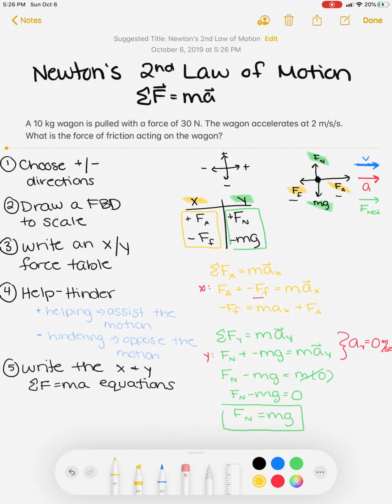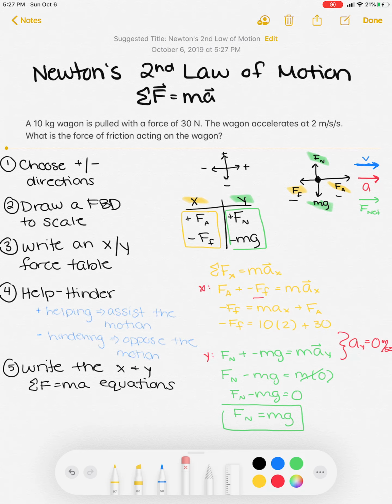And the reason that I do that is just so that I am able to give myself some more room here, so that I'm able to easily plug numbers in and solve right off the bat for an answer. So negative F_f, which we are solving for, is equal to my mass, which is 10, my acceleration is 2, plus F_A, which is 30.